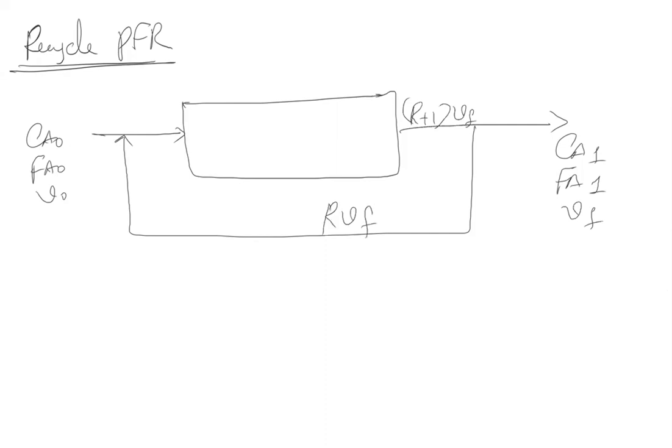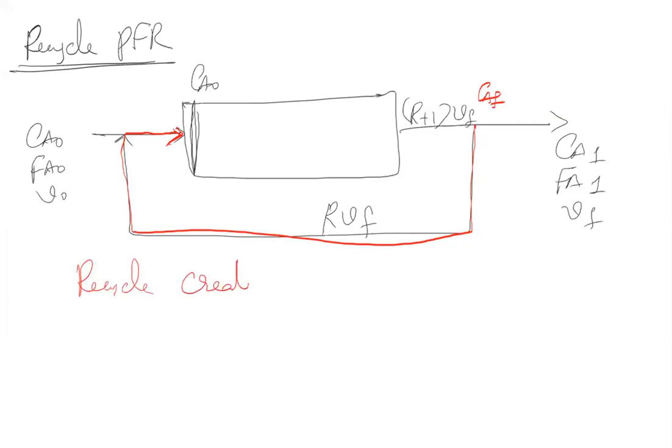Imagine, what is the concentration here? CA naught. Because of the recycle, the concentration on the first plane is changing, no? You are taking a concentration of CAF, which is low, and externally you are trying to create back mixing. What is recycle in PFR? Recycle creates back mixing.